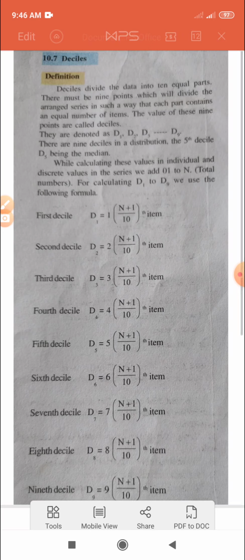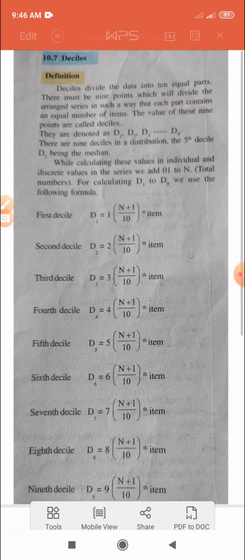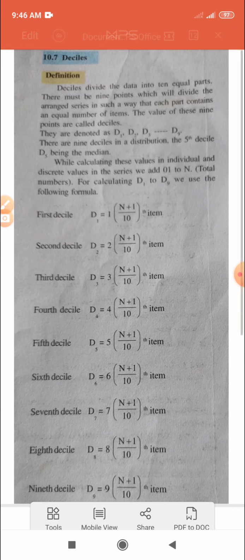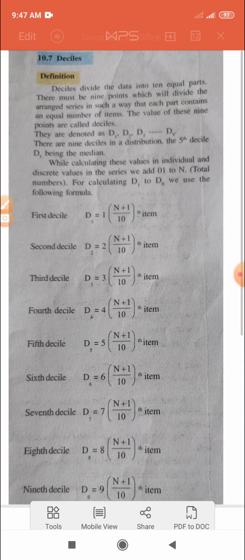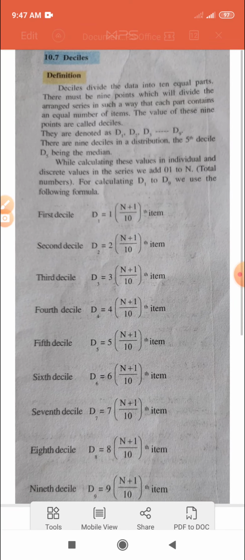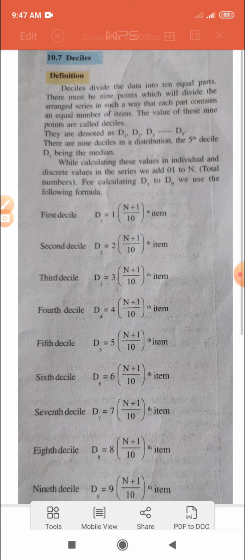There must be 9 points which will divide the arranged numerical data or series in such a way that each part contains an equal number of items. The values of these 9 points are called deciles.